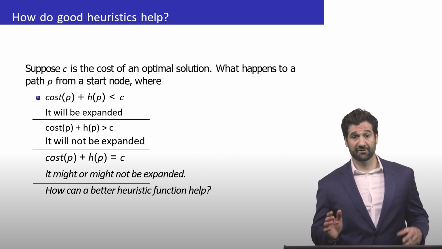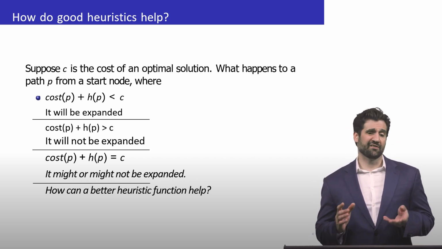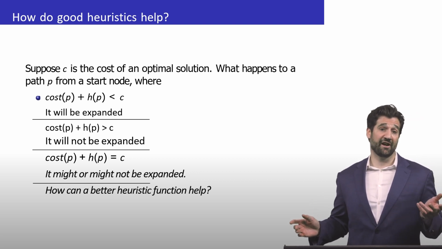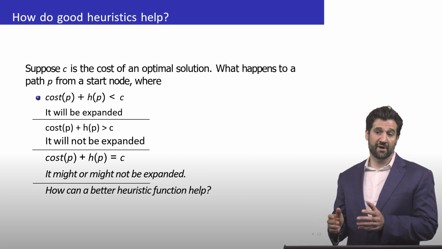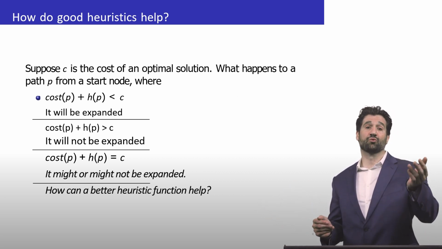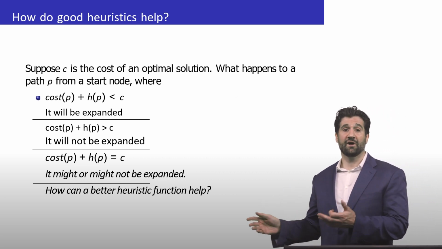So how can a better heuristic function help? Think of it: if the heuristic function is closer to the actual cost, the time when you have reached the goal and rule out everything else will happen faster.